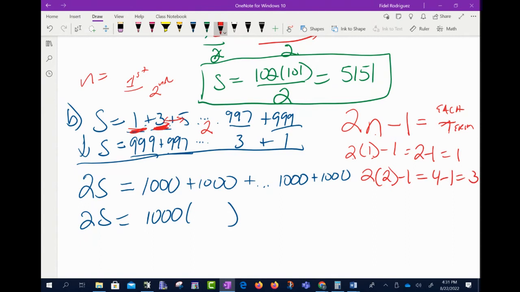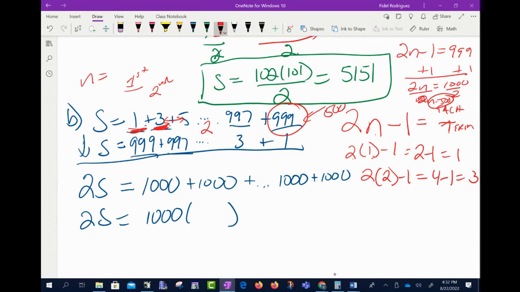Okay? So now, if I want to figure out which term is that one, I can say 2n minus 1 equals 999. Add 1 to it. 2n equals 1,000. So when I divide both sides by 2, I'm going to get n equals 500. That is the 500th term.